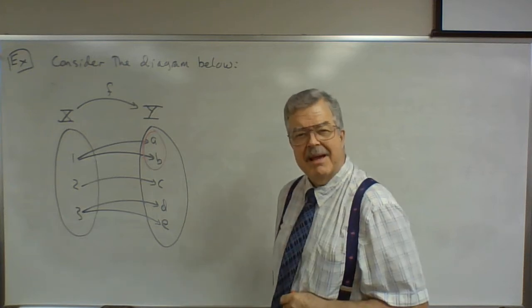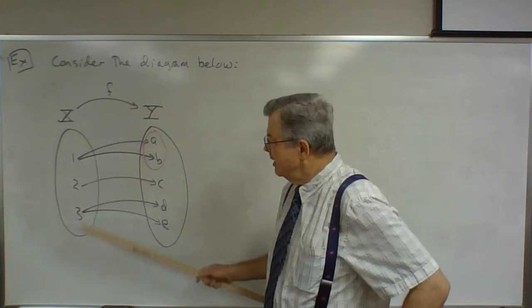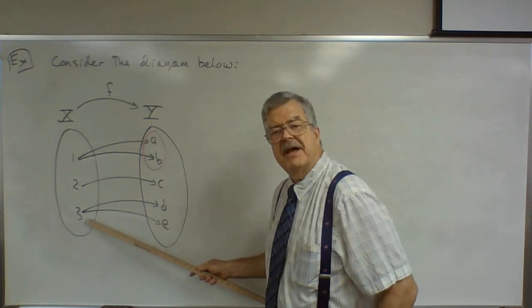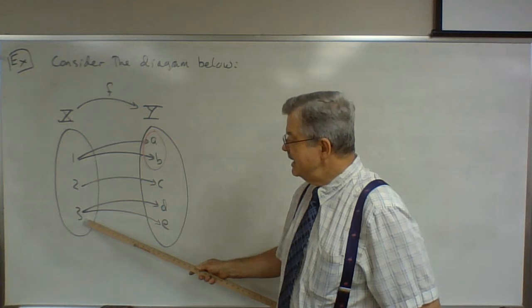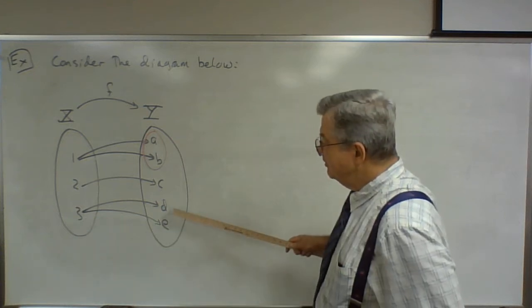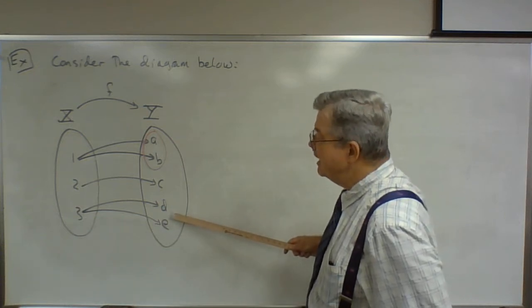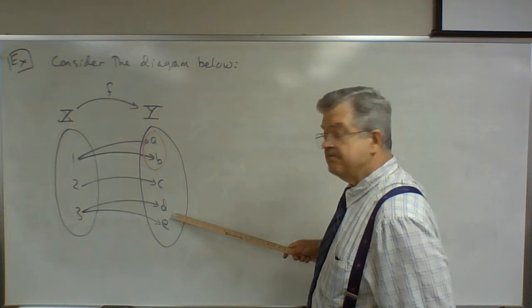And you know what? This sort of thing happens again. Look at the element 3 in set X. Can it be said that the element 3 in set X is assigned exactly one element from set Y?